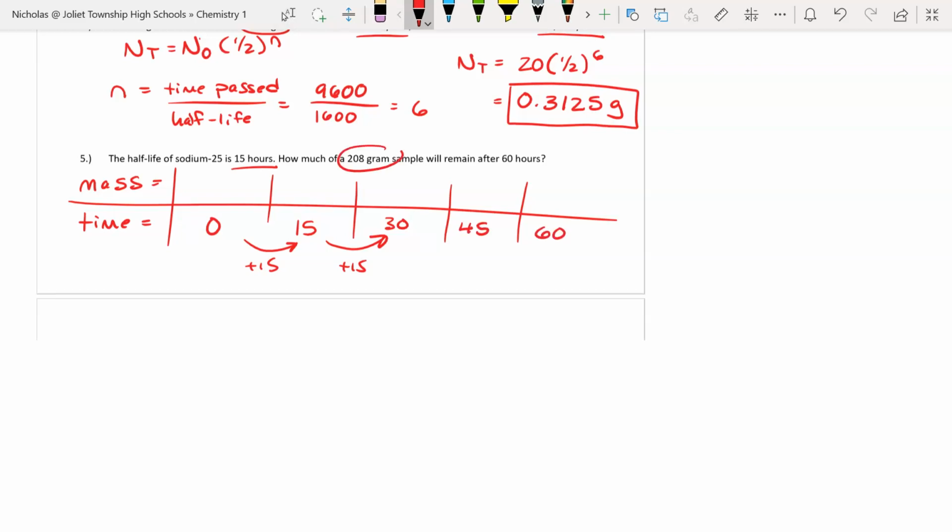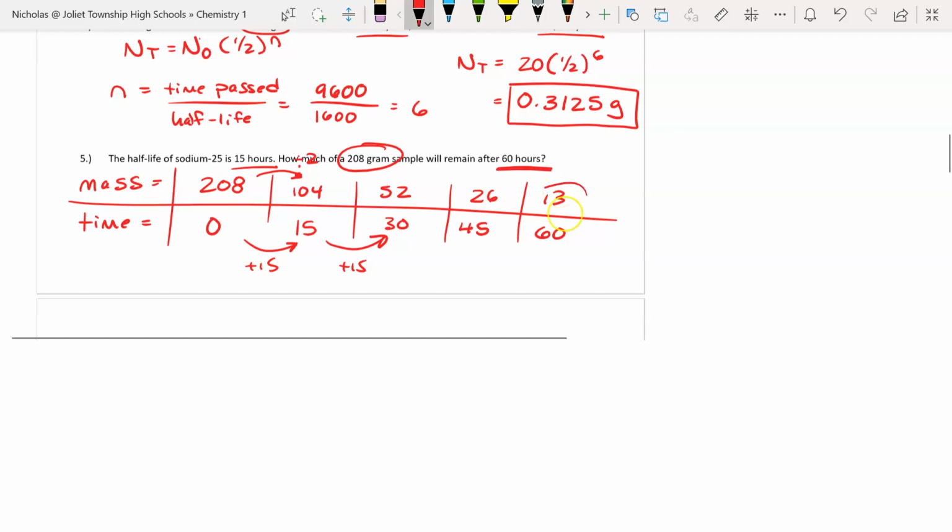My starting mass goes on the top, 208, and then I just take half of that each time, so I'm dividing by 2. Half of 208 is 104, and then 52, 26, and 13. So my answer in this case, it says after 60 hours, my answer will be 13 grams.